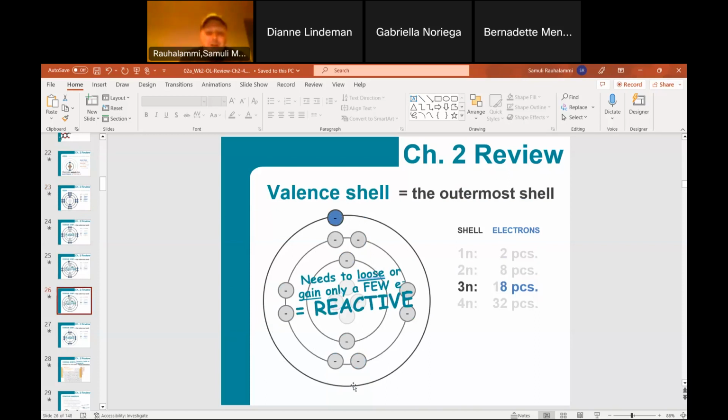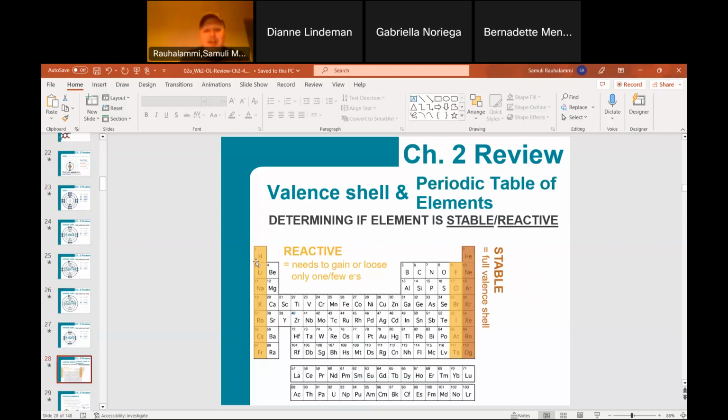So really, by looking at the number of electrons, we're able to predict how reactive different atoms, different elements are, and a periodic table of elements shows the number of electrons in each of the substances, and especially from that we can figure out how many electrons are on the outermost valence shell, so we can predict that these reactive elements, reactive materials, are very likely to do chemical reactions, whereas these elements that have full valence shell, they're very stable and they're very unlikely to do chemical reactions.